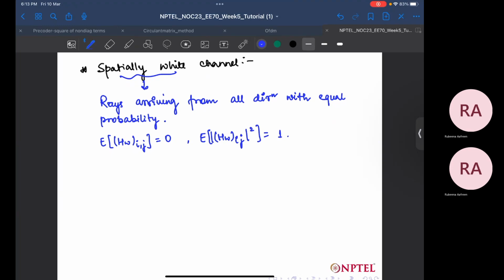And then the correlation between two terms of the H matrix is 0. That means that the adjacent channels are uncorrelated.